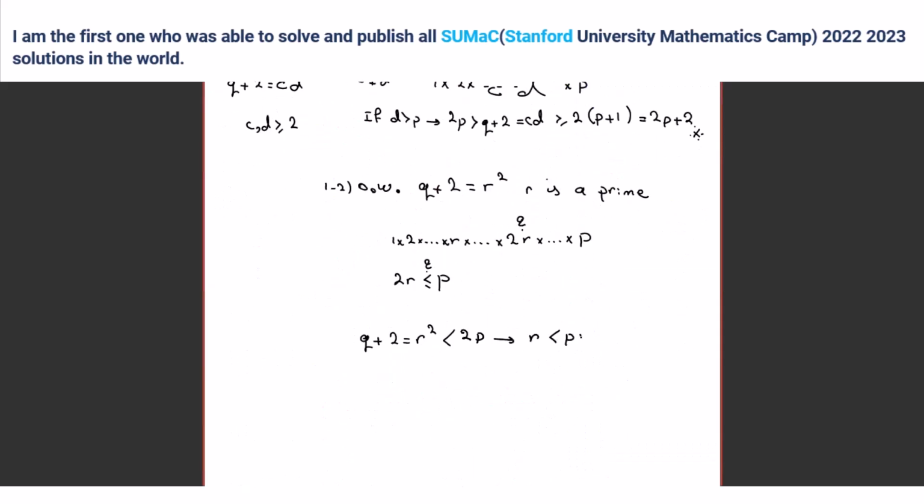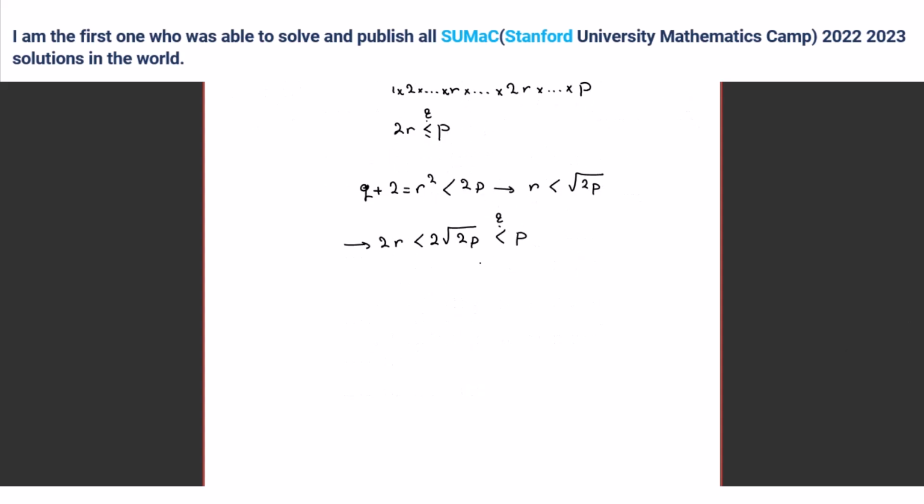So R is less than the square root of 2P, right? Yeah, so no minus 2 then. Sorry, 2R is less than 2 times the square root of 2P. If we prove it is less than P, the problem will be solved, right? Yeah.